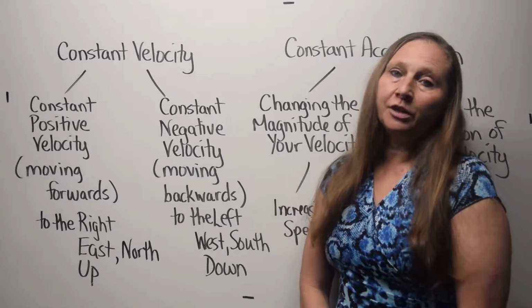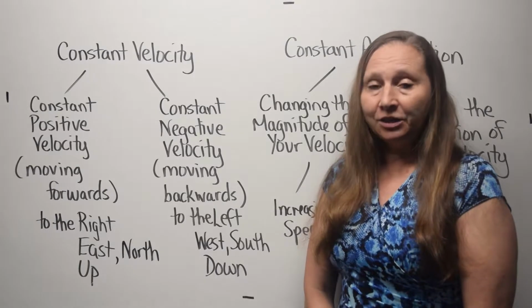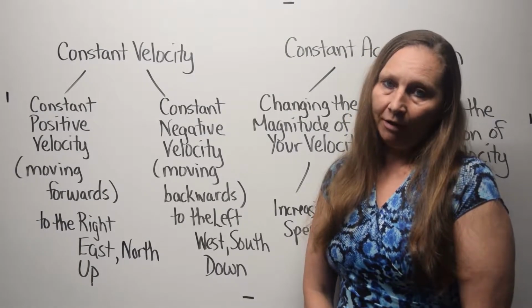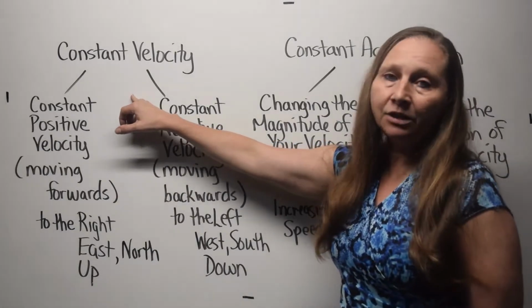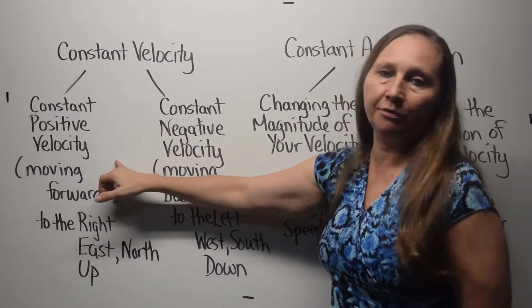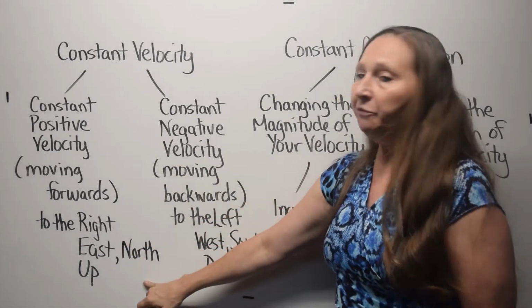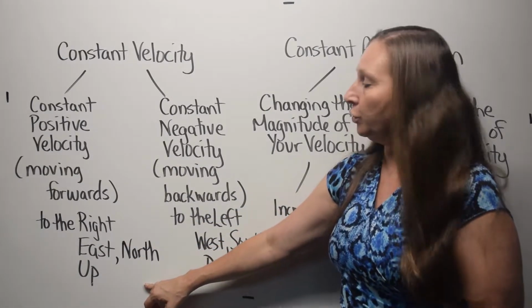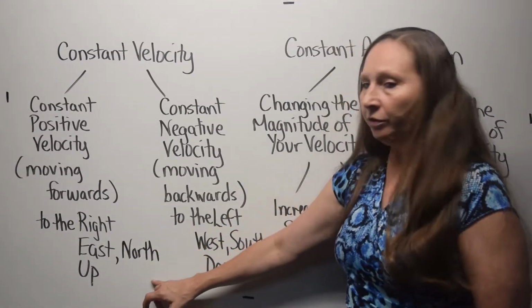After we look at graphs of the three basic types of motion, zero velocity, constant velocity, and constant acceleration, we'll look in a little more detail at constant velocity. You can be traveling at a constant positive velocity, which basically means that you're moving forwards. In physics, moving forwards usually means you're moving to the right, to the east, north, or up.